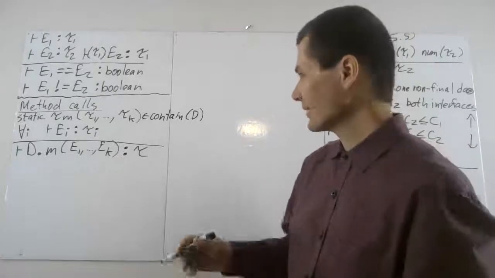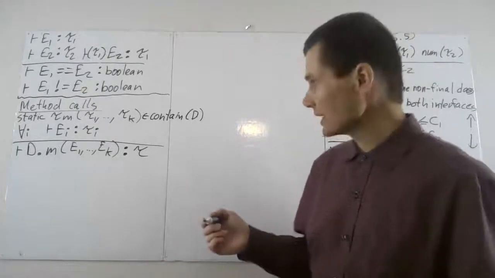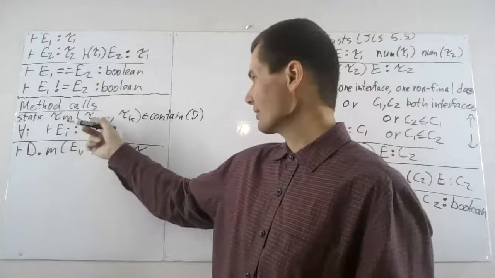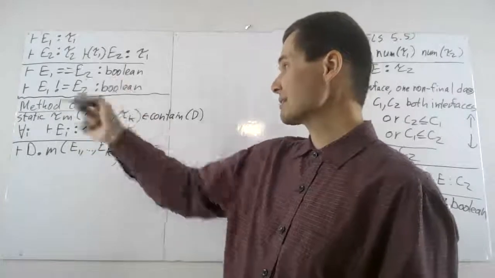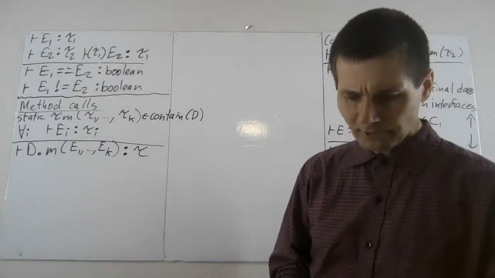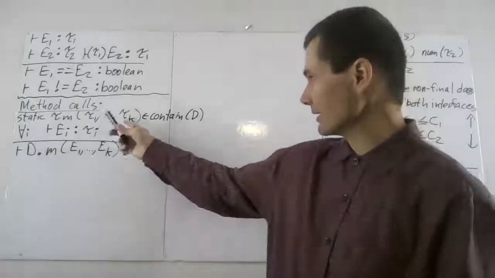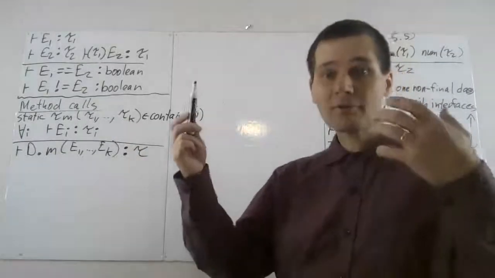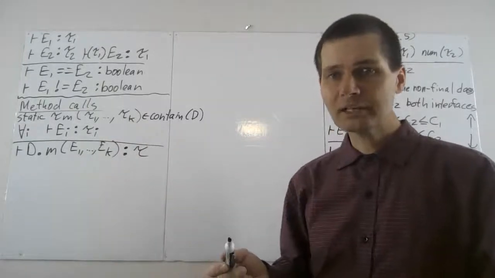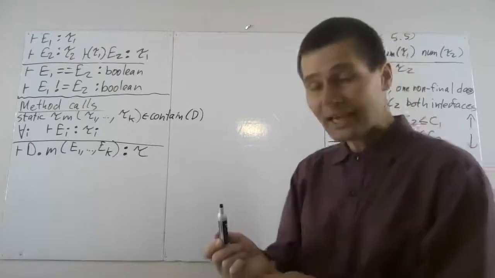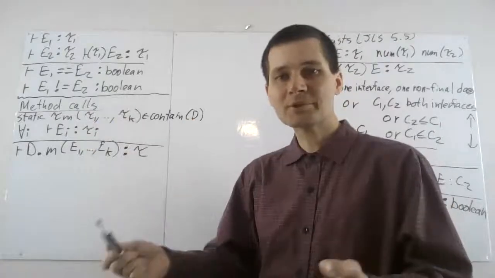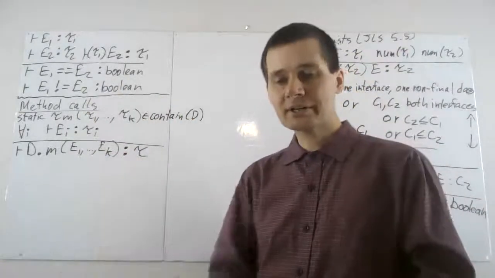Now, one thing that is specific to Juice is that the exact type of the expression has to exactly match the parameter type in the method declaration. So, for example, if I have a method that's declared to take an object type, and I pass it a string, then you would expect that a string is an object, and so you can use a string anywhere that you need an object.